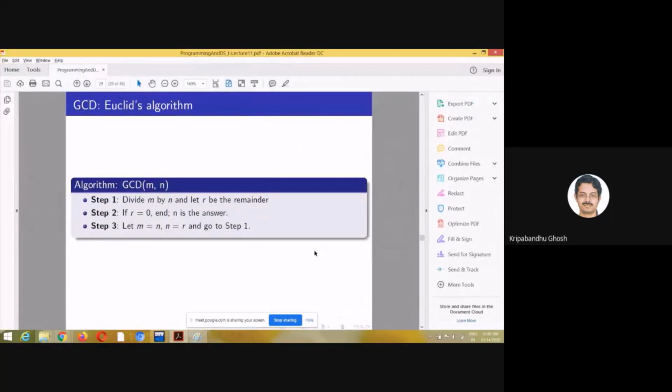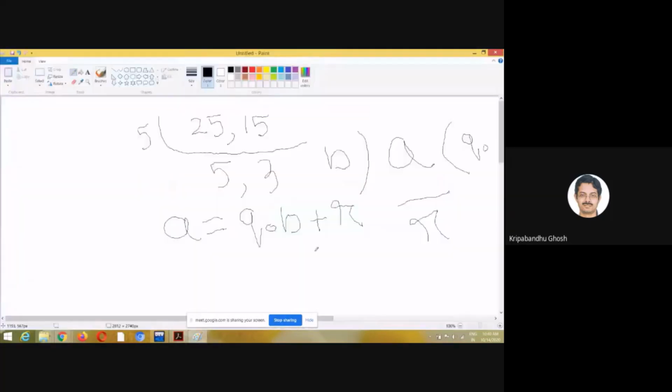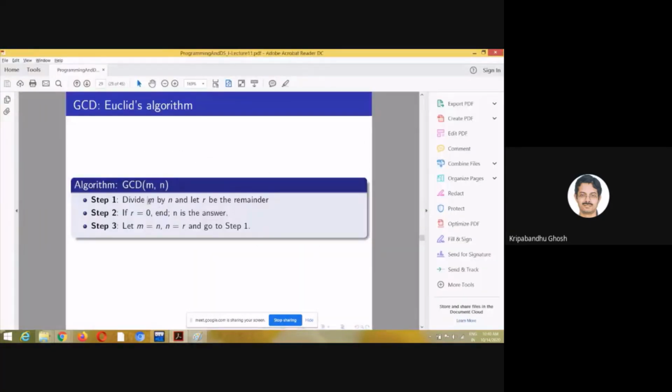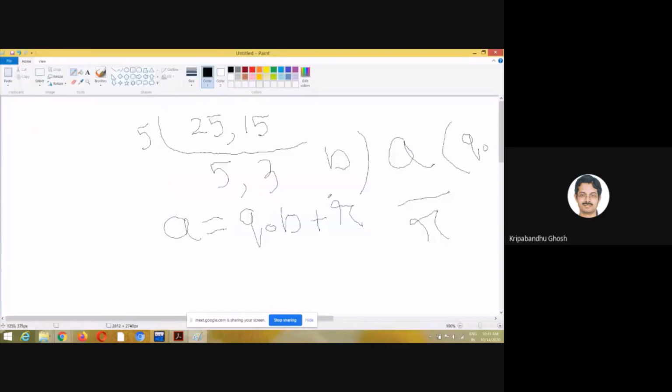And every time, this M and N are getting changed. When R becomes 0, it means the intermediate value of M is perfectly divisible by N, so there will be no remainder and this term will be 0.